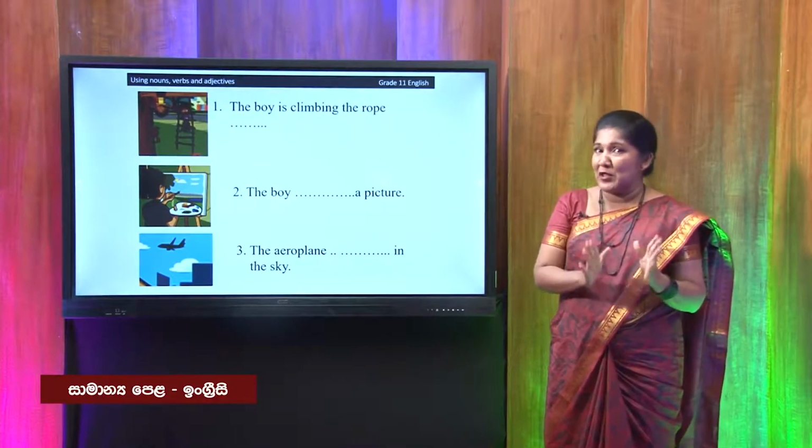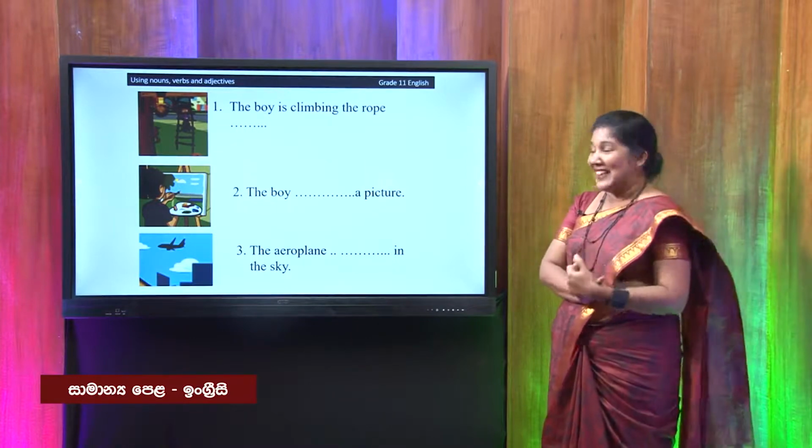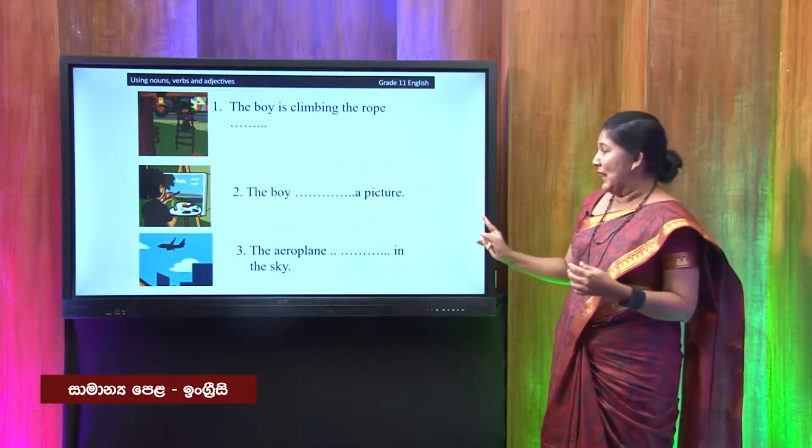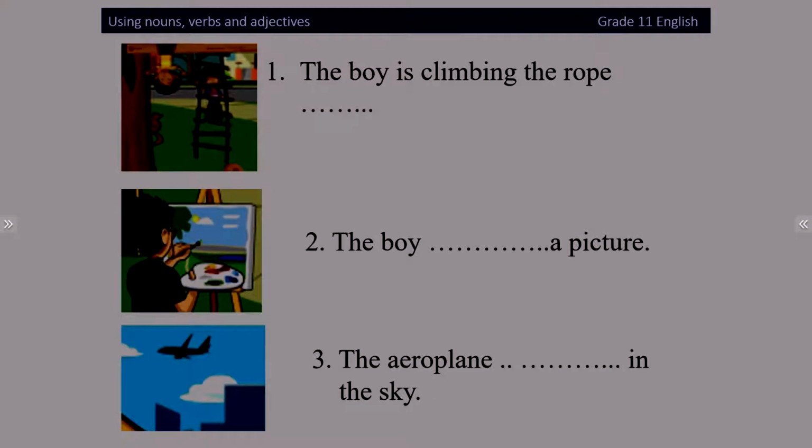So you can write your answers, because I am not going to tell the answers. The third one, the aeroplane blank blank in the sky. What can the aeroplane do in the sky? Now you all know some action is taking place there, and you can use the suitable verb there.